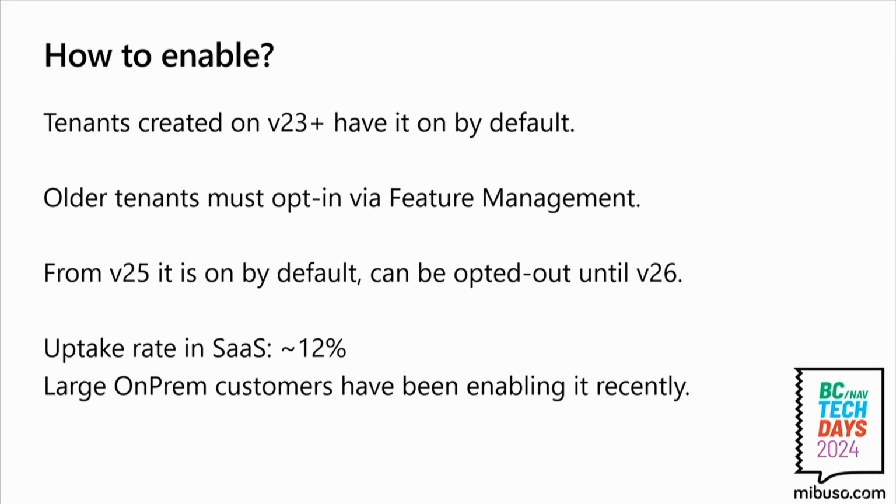From version 25 and on, it will be on by default for all tenants, but you can opt out. So you can just open the feature management, that's the first thing you do, and disable it. Until version 26. From 26 on, this is the only way we're going to be running.